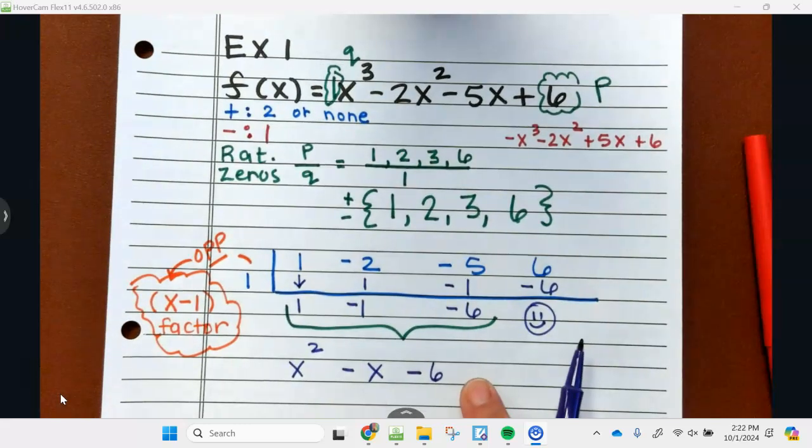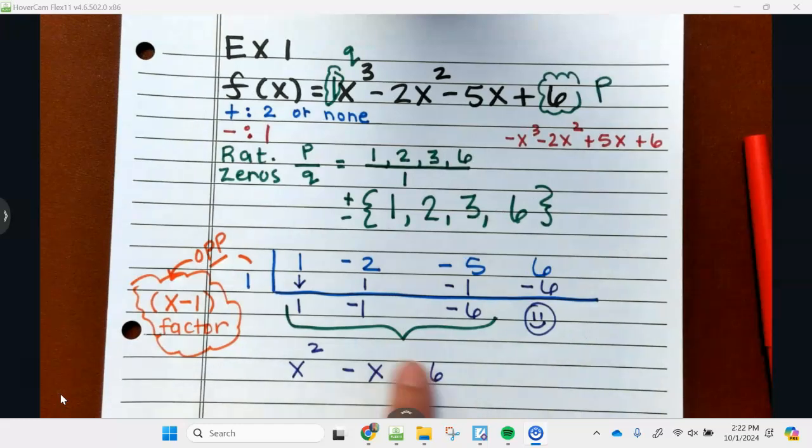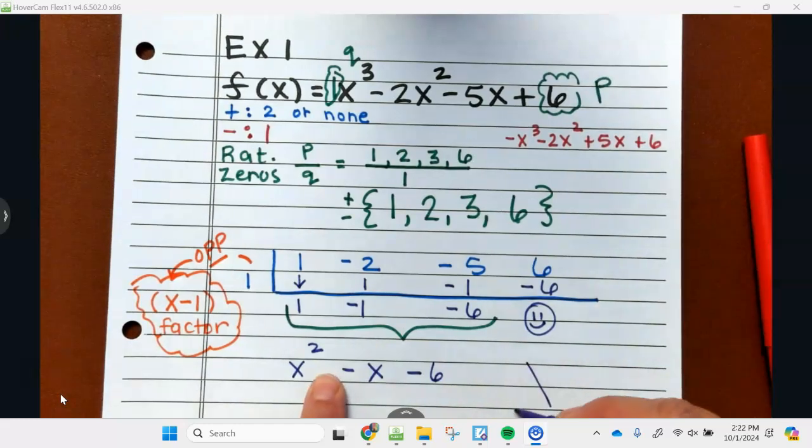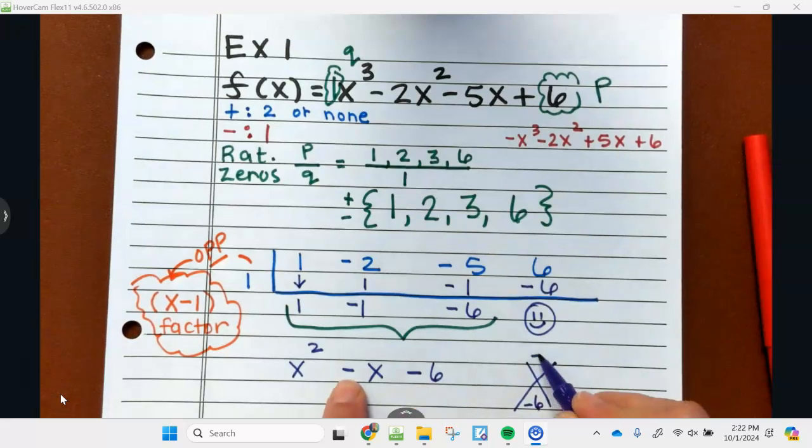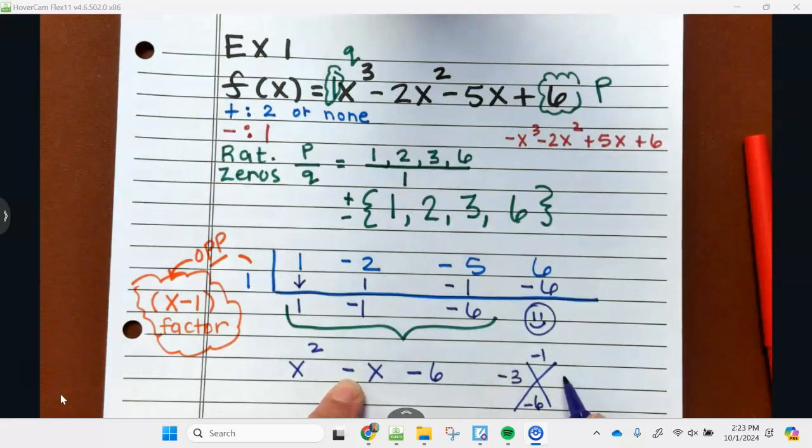Now this is also a factor, but you need to see if you can keep factoring. Is this factorable? Are there numbers that multiply to a negative 6 that combine to a negative 1? Yes, there is. It's a negative 3 and a positive 2.